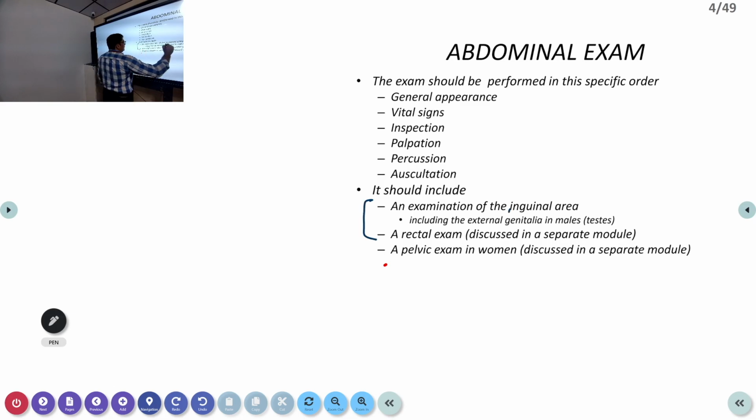In the inguinal area, you have to expose the inguinal area as well as the external genitalia, as I already told. Then a rectal examination. Even if you don't do a rectal examination, always state that the rectal examination was not done and that it should be done.